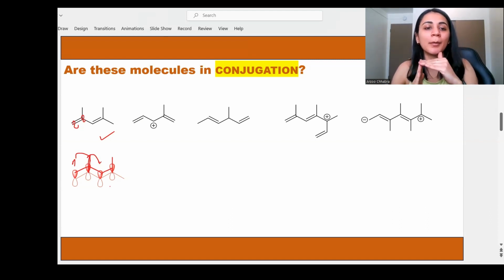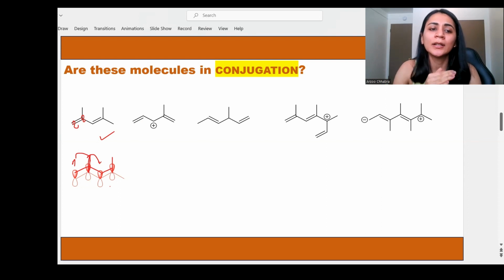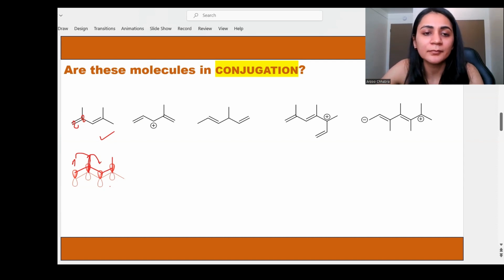So an electron can just hop on to the next one, hop on to the next one, right? And because of that we get other resonance structures, because the movement of electrons is possible in this conjugation or in this conjugated type of structure. So resonance is then an implication of the conjugated molecules or conjugation present in the molecule, right?